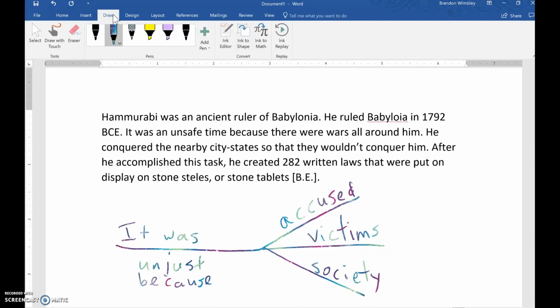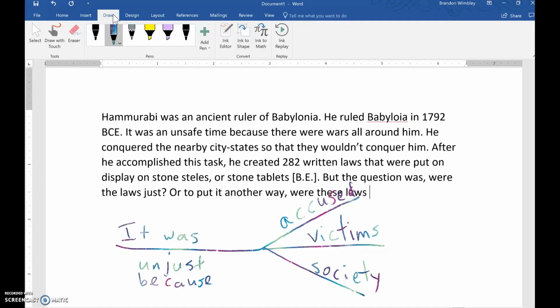All right, so let's start with this. But the question was, because there's more than one, were the laws just? Let's restate that for other people, or to put it another way, were these laws fair?